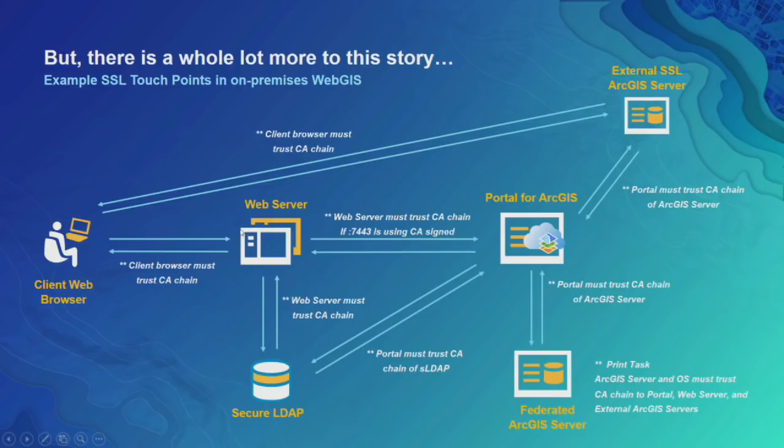Maybe you're doing some type of web tier authentication with IWA, or maybe even something sophisticated like LDAP or PKI, where it's talking to a secure LDAP. Maybe you're consuming services from other agencies. All of these components have SSL touch points that you need to be aware of and potentially put in place the certain trust chains to make sure everything talks correctly.